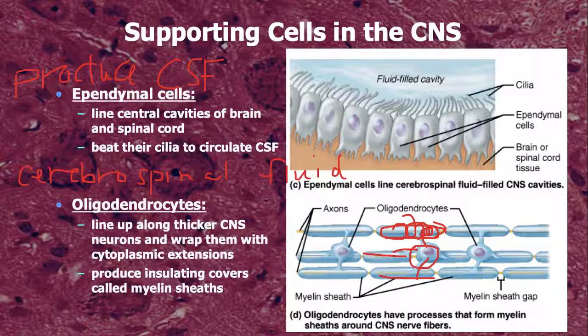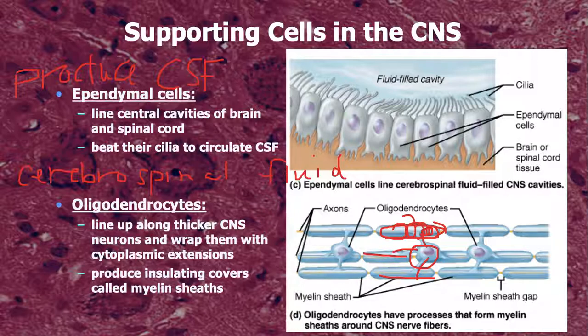Okay? But the thing to remember about oligodendrocytes is, first of all, they're in the central nervous system. And the first part of his name is oligo, which means several or many. So an oligodendrocyte can wrap around several axons at the same time. Okay? All right. Questions?